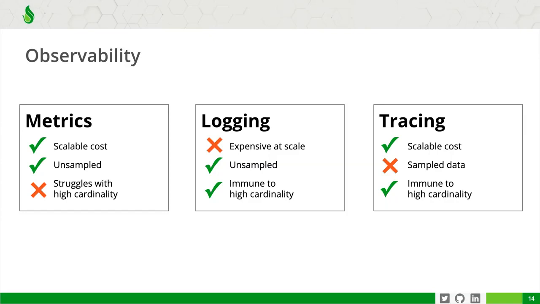And then tracing is scalable in cost in that you can predict the cost. The challenge with tracing is that it's sampled data. So generally what you do is you say, I want 1% of transactions to be traced, meaning I'm going to collect all the details: the request payload, the response payload, the breakdown of time by every step of the request, by every function.